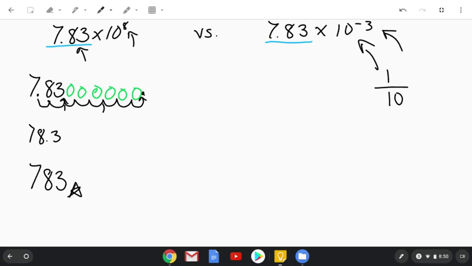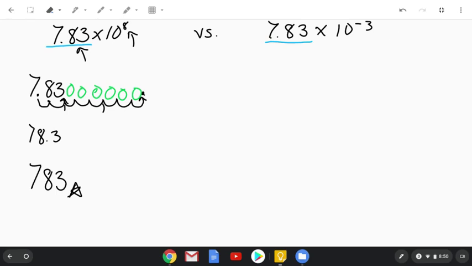And for our purposes, we're going to think of multiplying by 1/10 as the same thing as dividing by 10. So I'm dividing by 10 multiple times in this scenario. Anytime I divide something by 10, that number is going to get smaller.